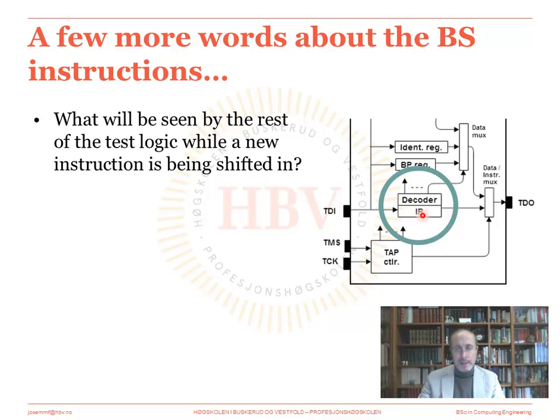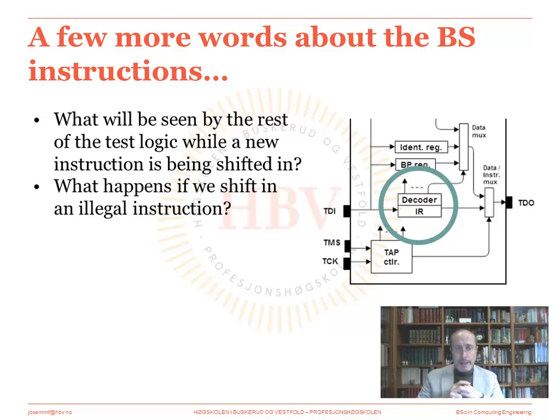So the fact that there will be bits passing through the instruction register doesn't cause any problem until the new instruction is updated. Another important issue is that instruction registers will frequently have like 8 bits, but we may have only like 20 instructions, so there will be a large number of unused operation codes.